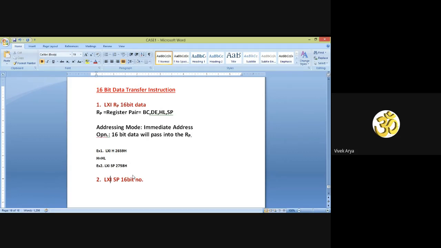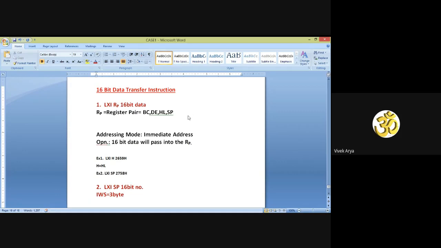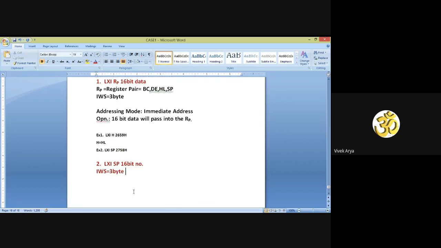Our second instruction is LXI SP 16-bit number. Can you tell me the instruction word size for this instruction? 3 byte, exactly. And the instruction word size for the first instruction? Again 3 byte. Very good. Now come to the second instruction.